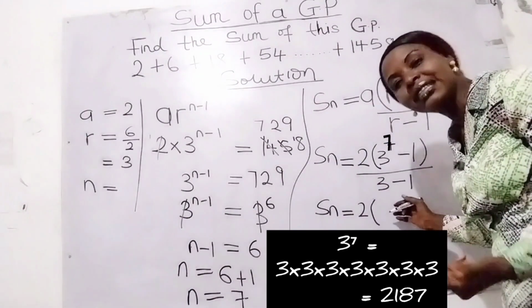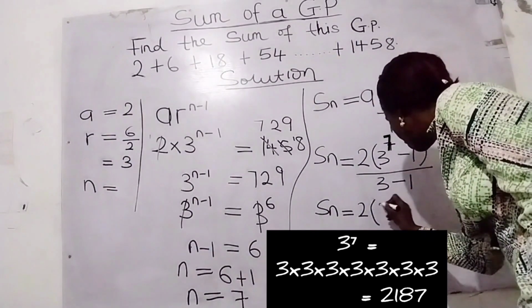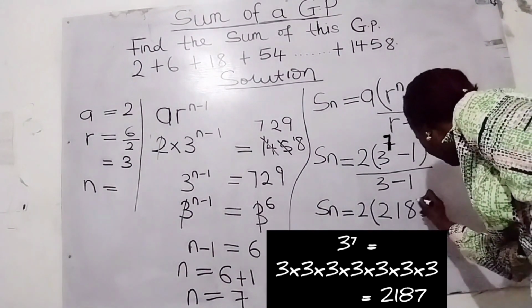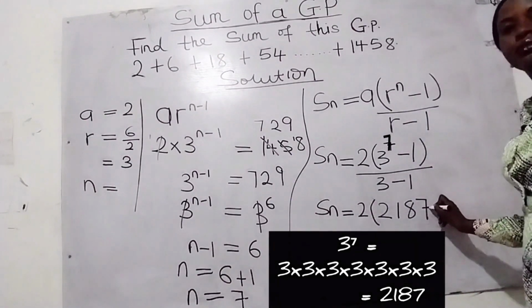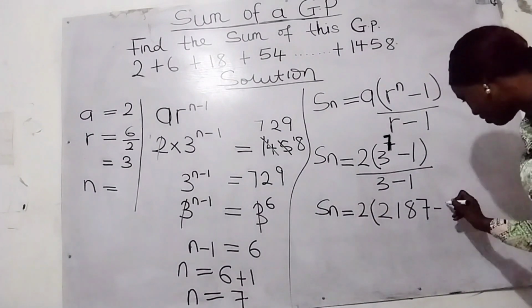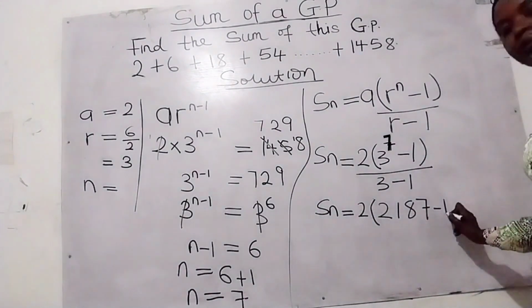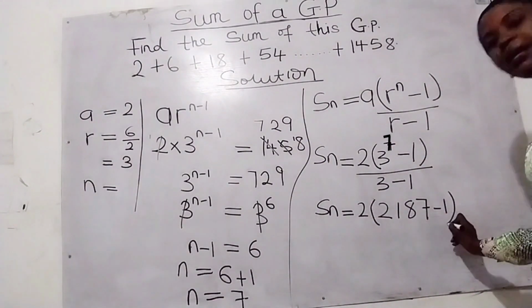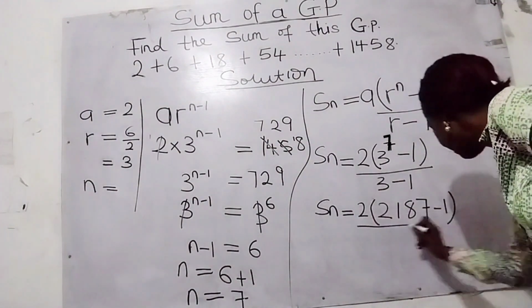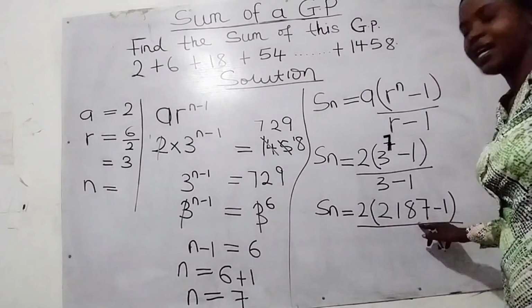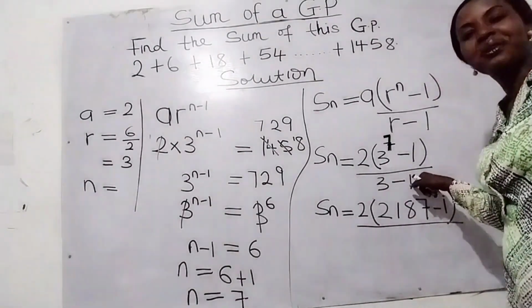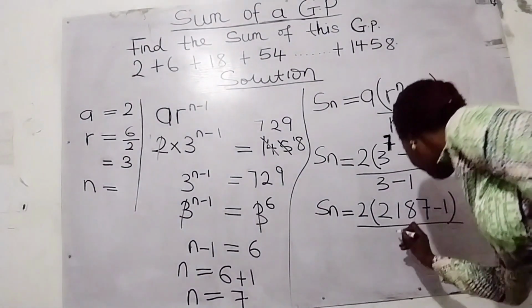And if you do that, it will give us 2187. Put this minus 1 that is in the formula. Close the bracket, all over. We come to this one. 3 minus 1 gives us 2. So simply write 2 here.